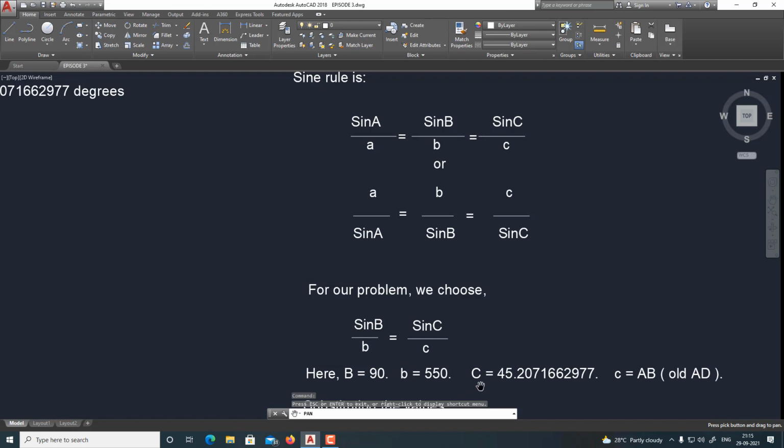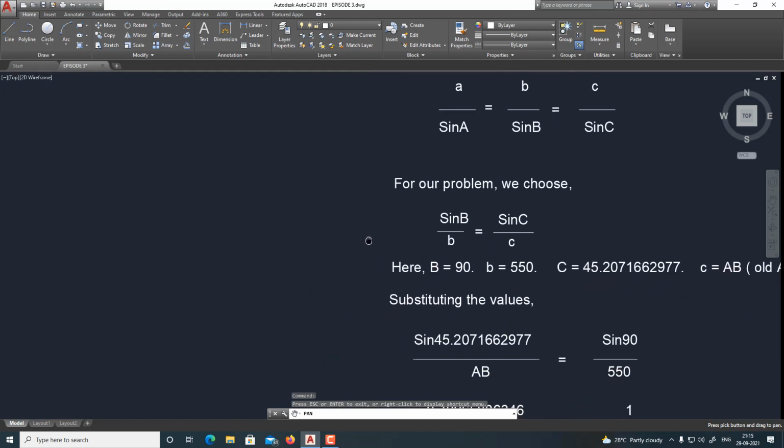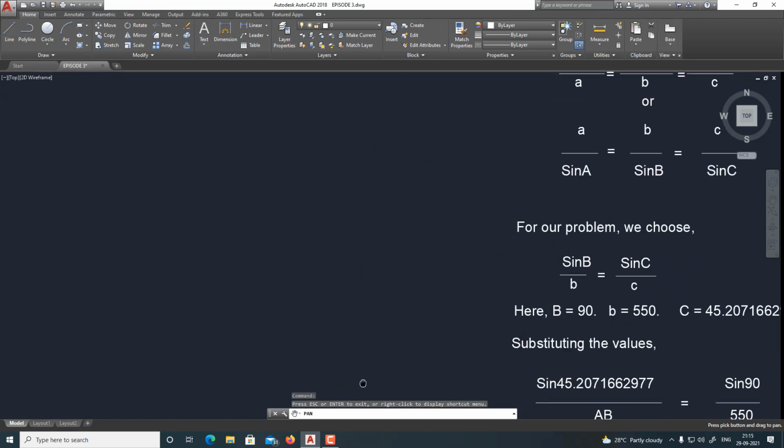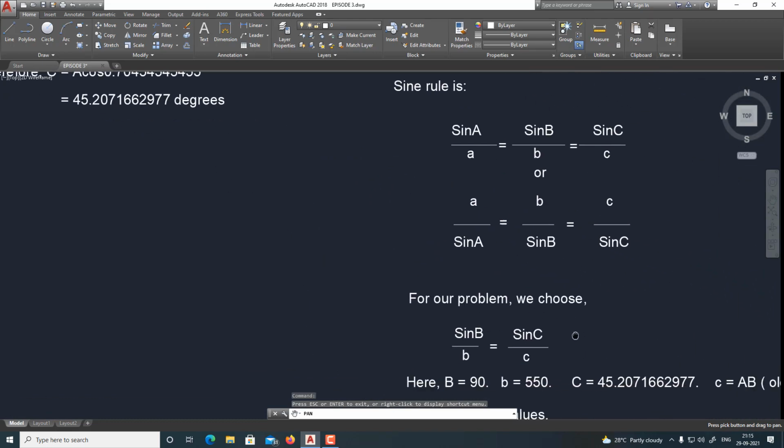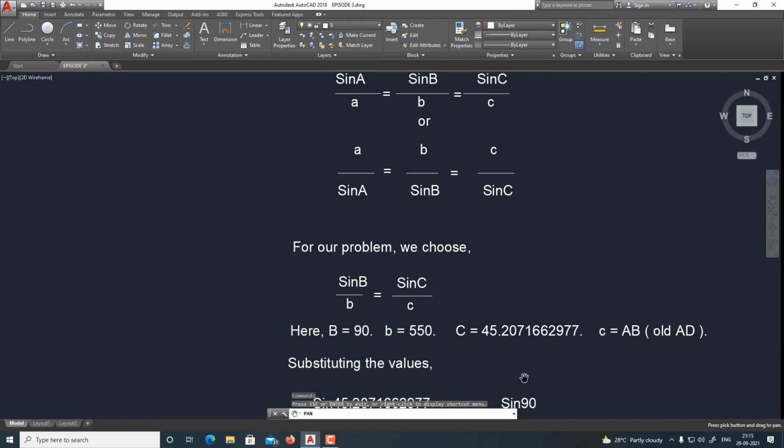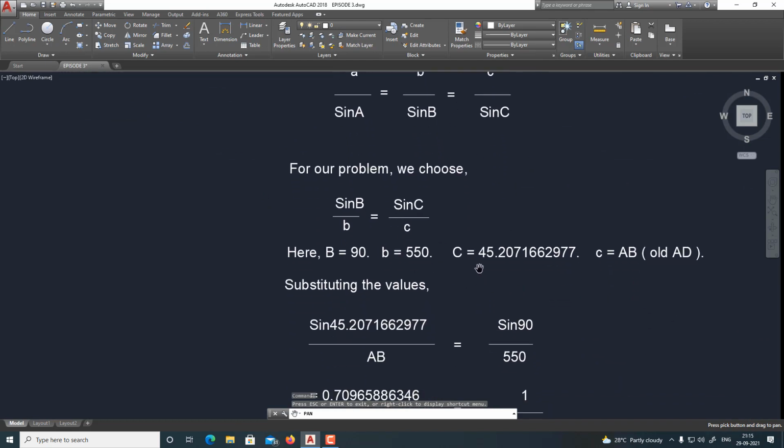Angle C is equal to 45.2071662977, which we calculated here. See, I copied this here. So we substitute these values in the above formula. Sin 45.2071662977 by AB is equal to sin 90 by 550.